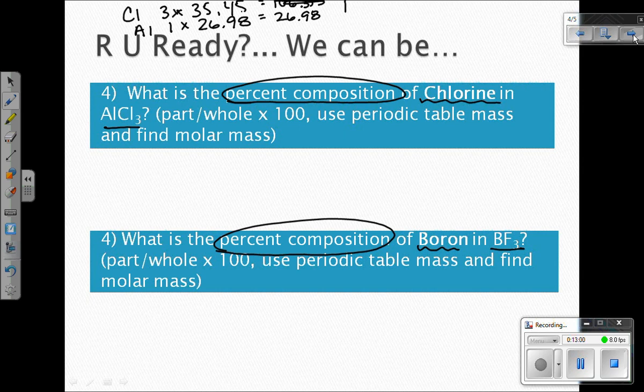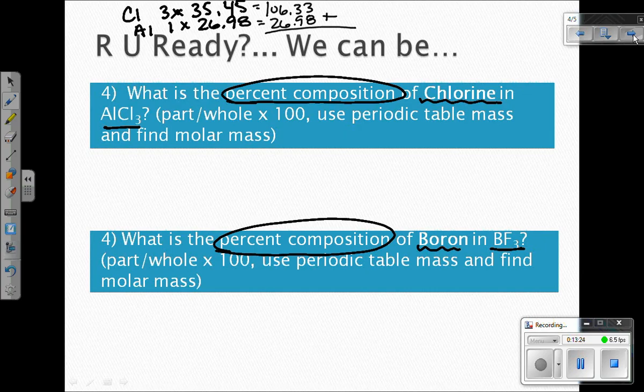Let's see if I can do that over here. Let me see if I can make it go down a little bit. All right. This would be 106.33, and this one is 26.98. We're then going to add those together.